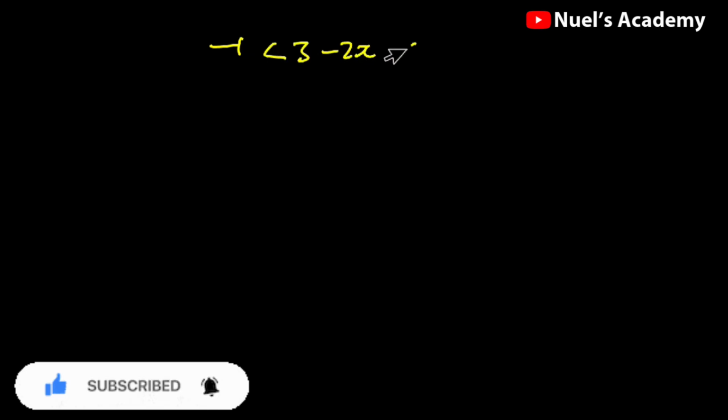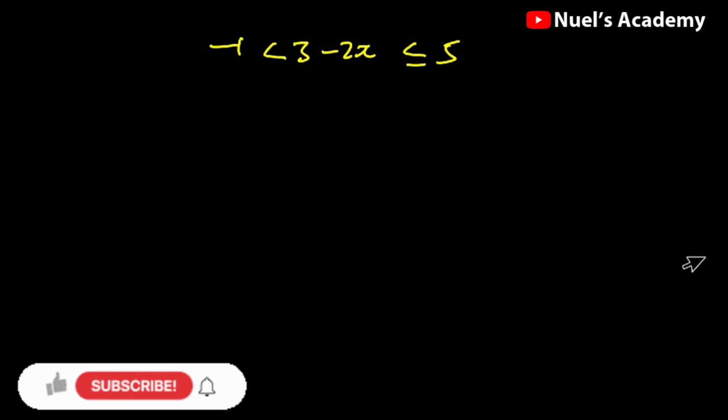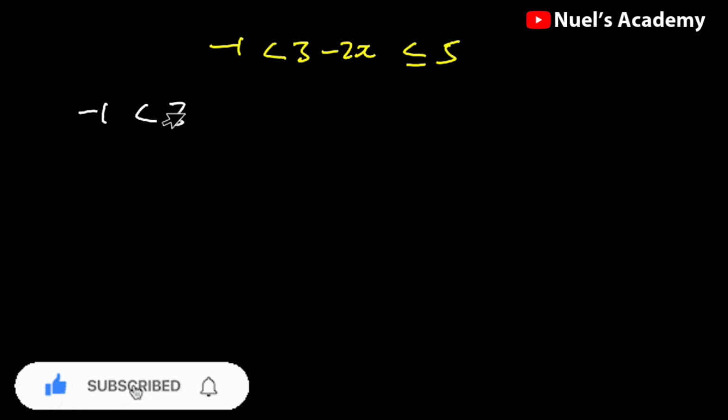So let's solve another question. We have -1 is less than 3 minus 2x, and that is less than or equal to 5. So let's split the inequalities. We're going to have -1 is less than 3 minus 2x, and 3 minus 2x is less than or equal to 5.